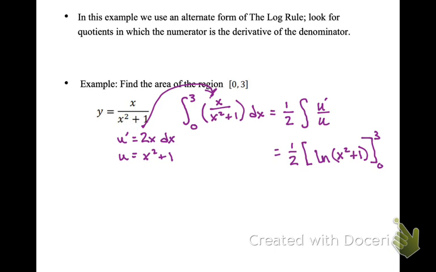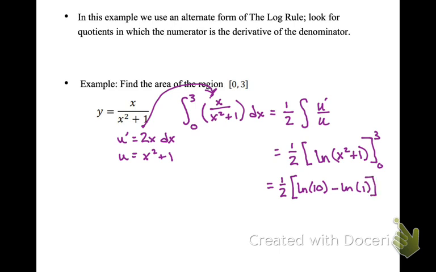So I plug in 3 and 0. So 1/2 the natural log of 3 squared plus 1 is 10, minus the natural log of 0 squared plus 1, so the natural log of 1.